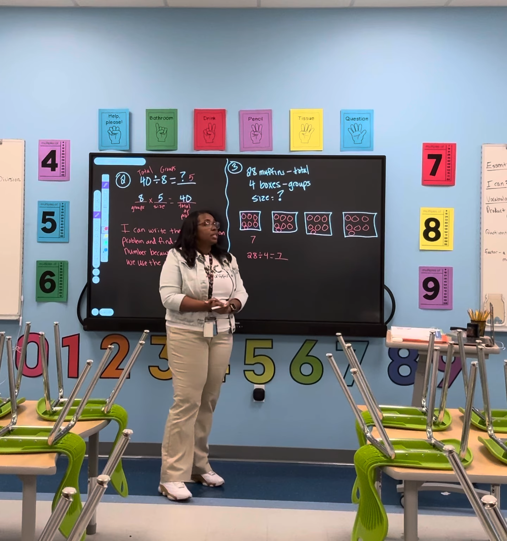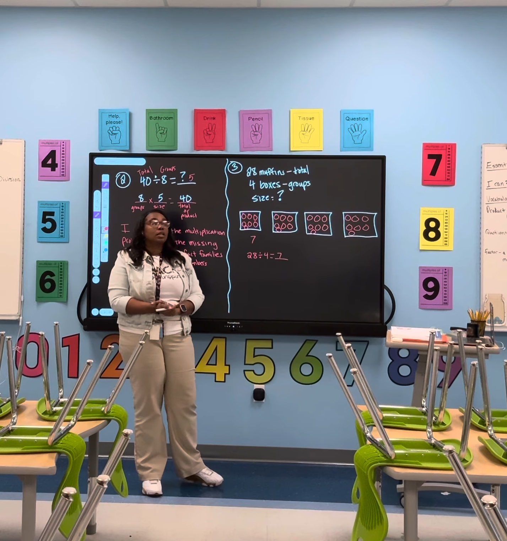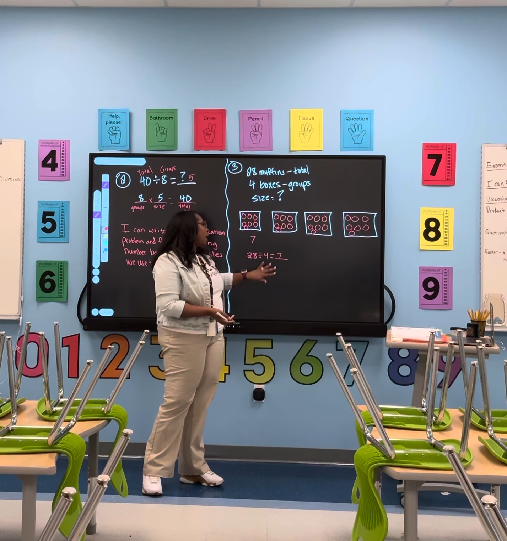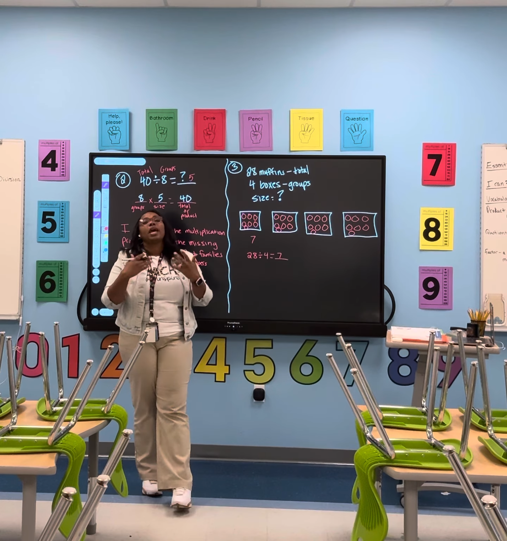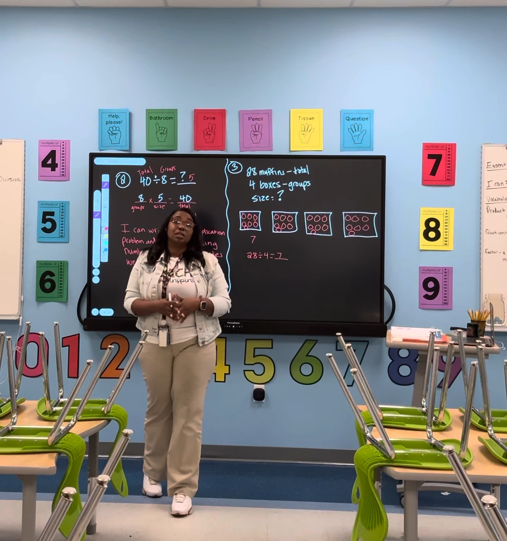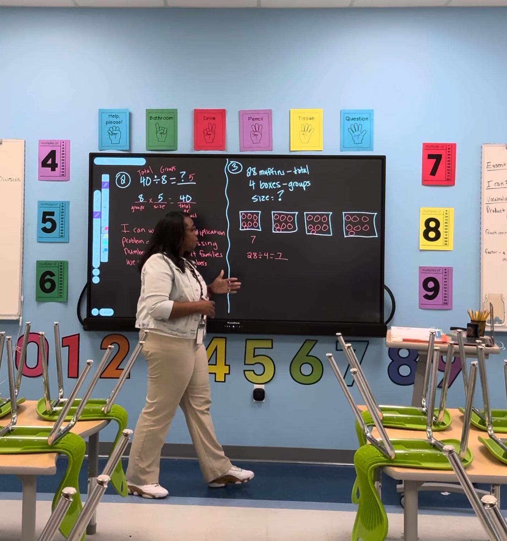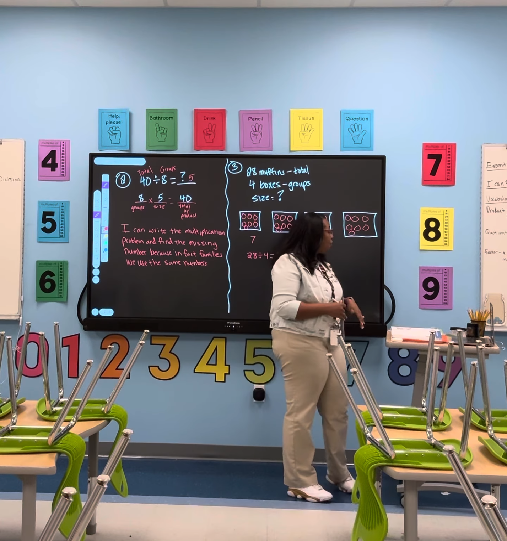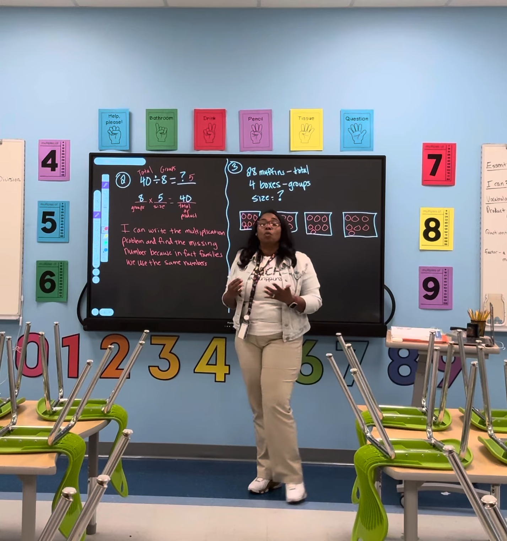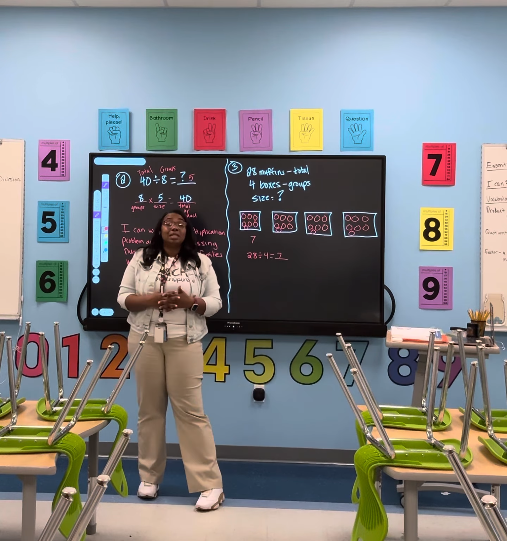Now all we have to do is answer the question that they asked us, because we have our drawing, we have our equation, and now we have to answer the question with the word sentence. So let's do that. The question asked us, I'm going to read it again, how many muffins are in each box? Well, we would answer that with a sentence.